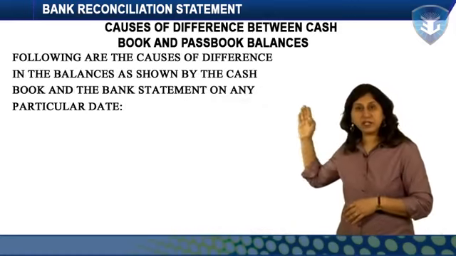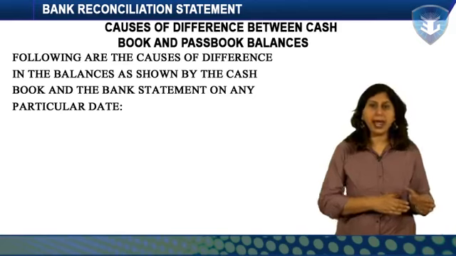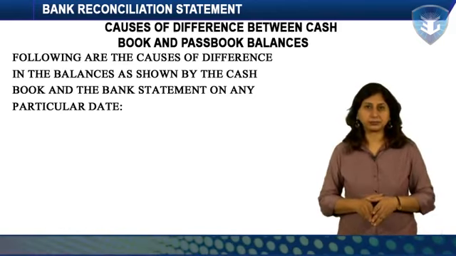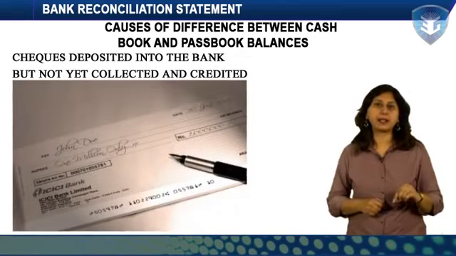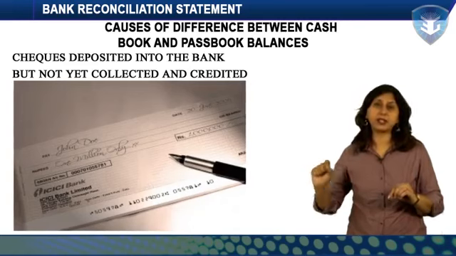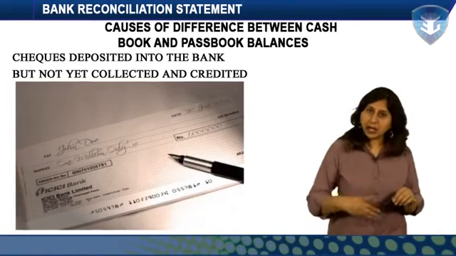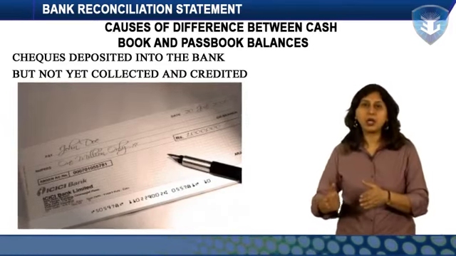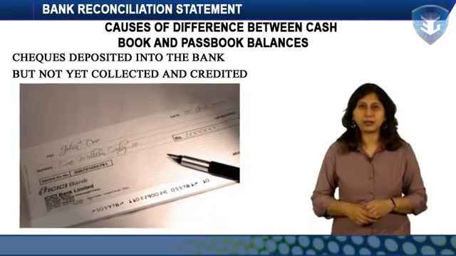Following are the causes of difference in the balances as shown by the cash book and the bank statement on any particular date. Checks deposited into the bank but not yet collected and credited. When checks are deposited into the bank, the account holders immediately debit his or her bank account with the related amount in his or her books of account.